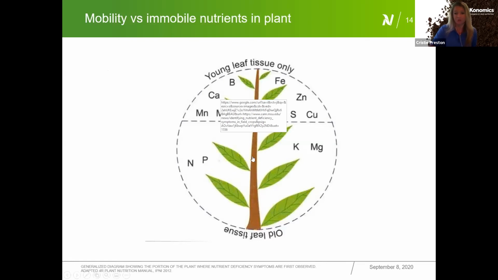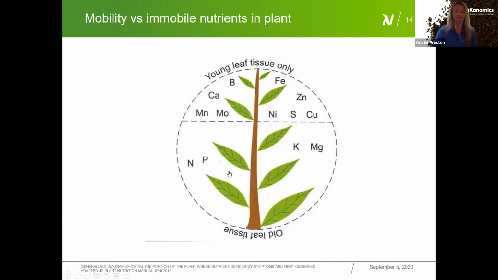So as you can see, in the older portions of the plant, you would see nitrogen, phosphorus, potassium, and magnesium. Now, when a nutrient is mobile within the plant, that means that as the newer growing portion, these younger leaves, continue to grow and do photosynthesis, because that's how a plant continues on into its life cycle, as those new plant portions are growing, these nutrients are being translocated to those areas.